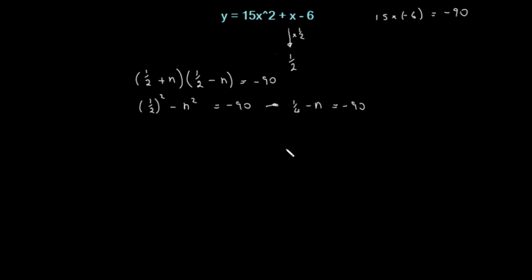Now when you start moving things around, I nearly forgot to square that. Okay, so I've squared that. Right, when you move things about, what you end up with is n equals 19 over 2.